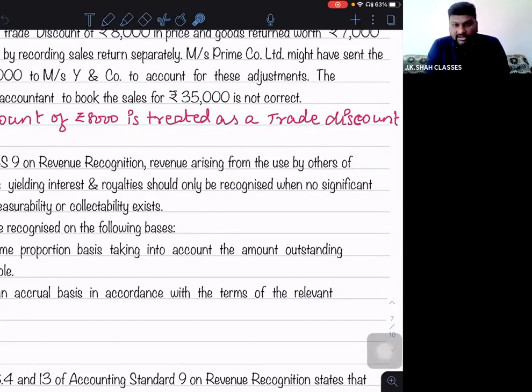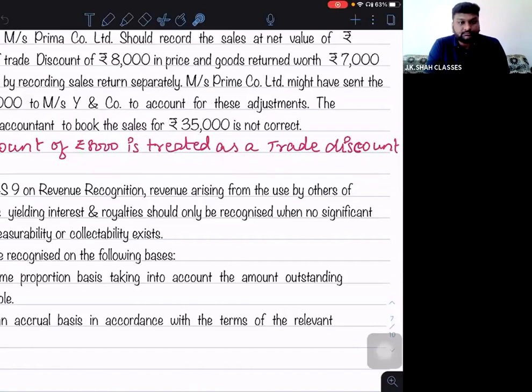So whatever is the outstanding amount of loan multiplied by the rate of interest multiplied by the time period, 6 by 12, 3 by 12, 9 by 12. So that is called accrual. And royalties on accrual basis in accordance with the terms of the relevant agreement. Right? So very simple question.